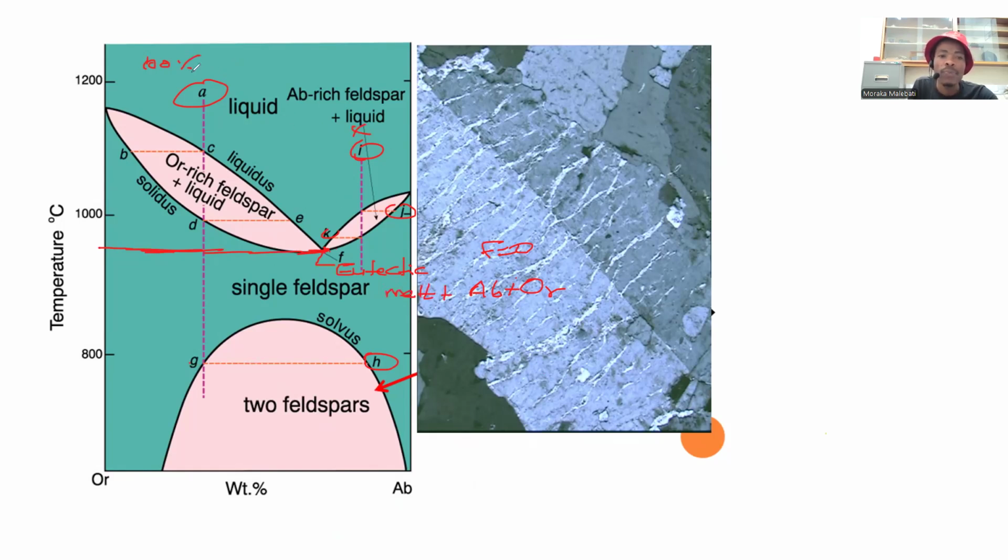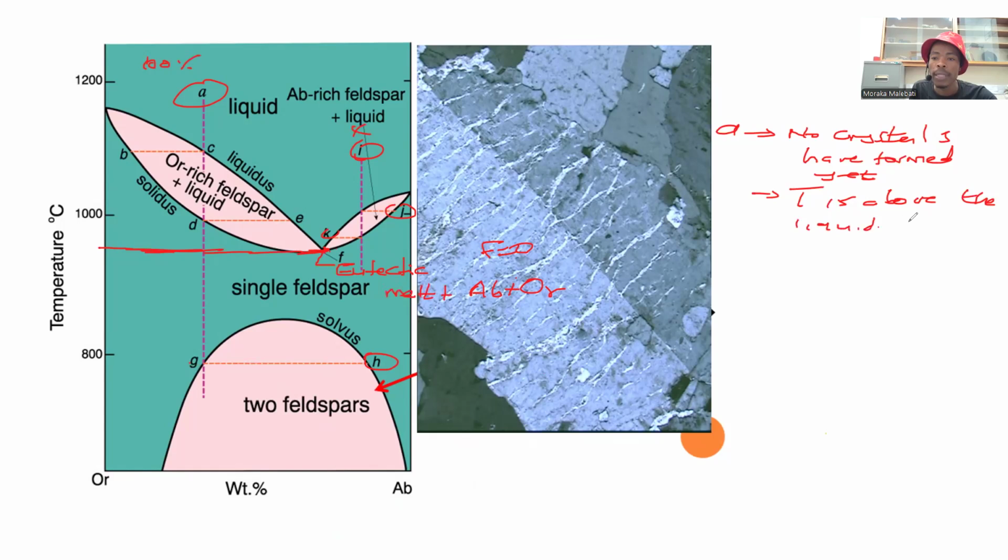At this point in time, at point A, no crystals have formed yet. And the other thing is that the temperature is above the liquidus line.